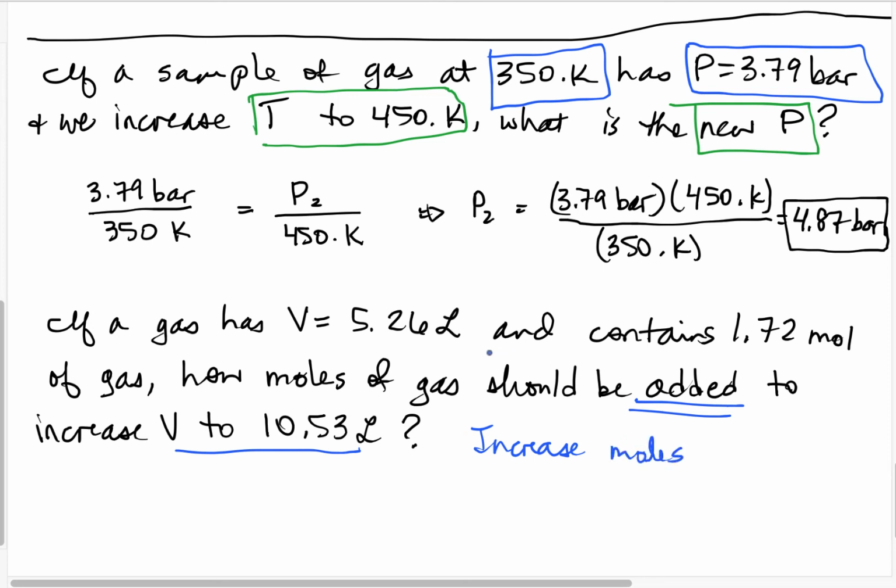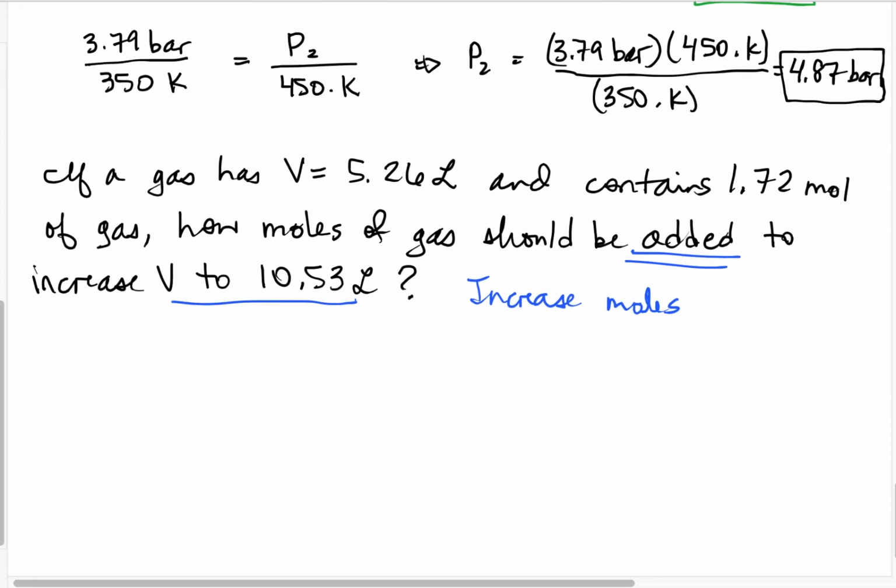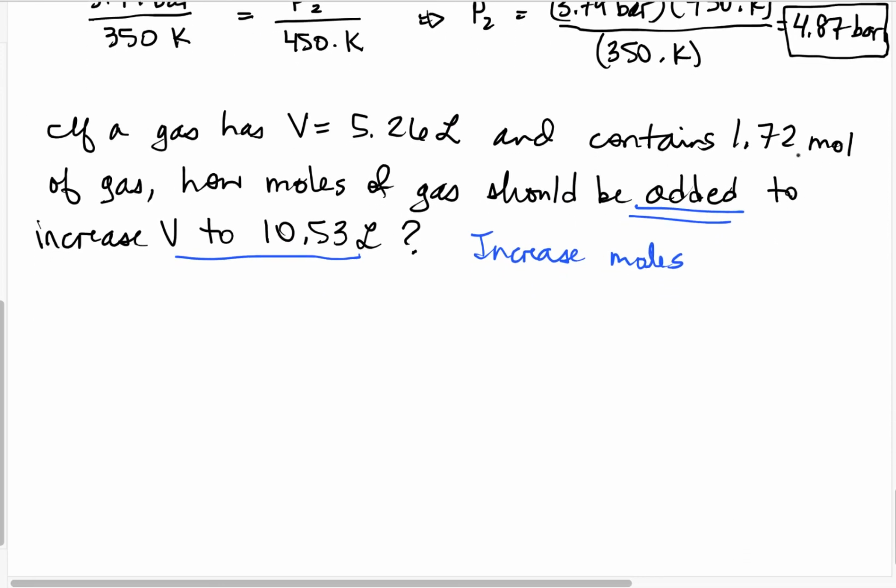So one thing you might notice here is actually the numbers that I picked. I accidentally picked a volume that was twice as big as my previous volume. And since this is a linear relationship, we expect that the number of moles is probably going to be twice as big. So let's look at our equation here for Avogadro's law.